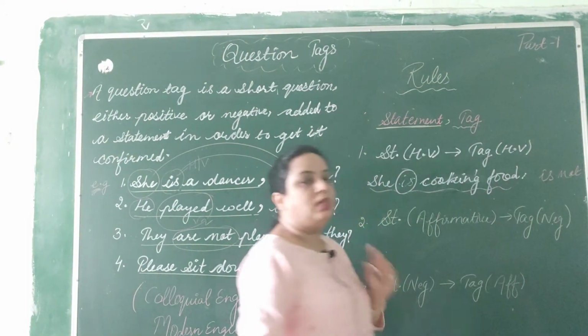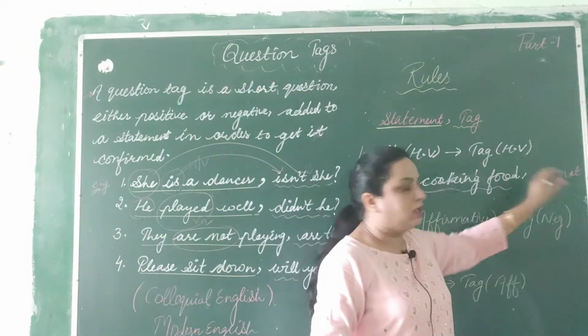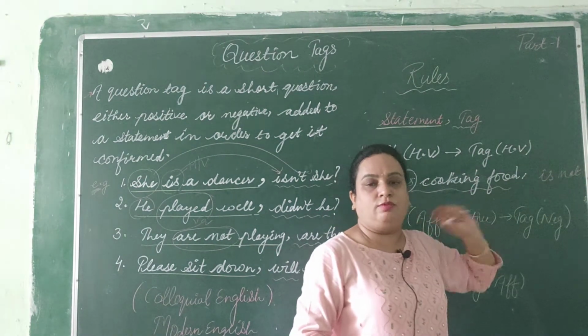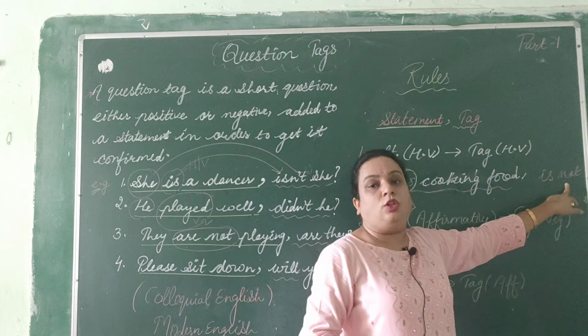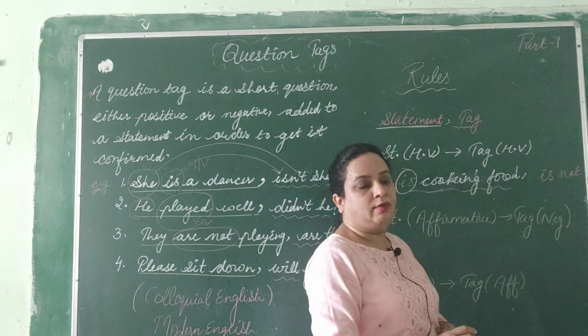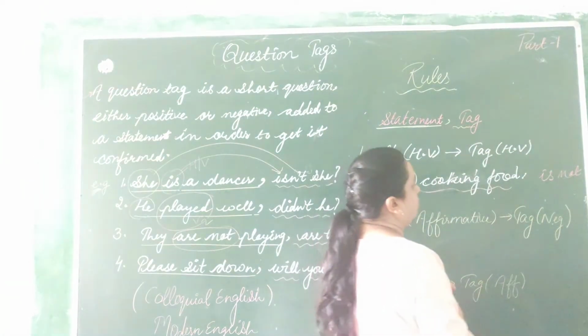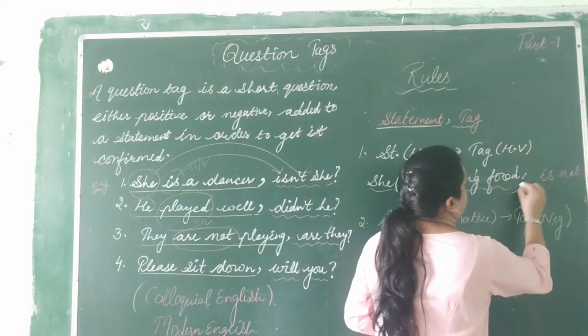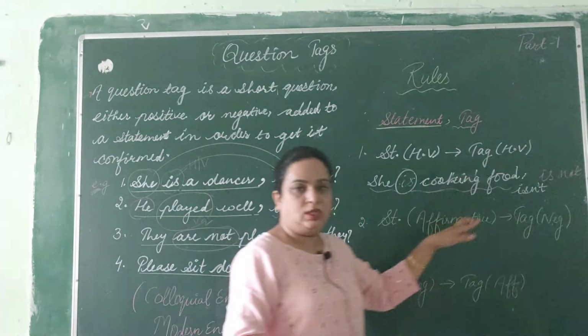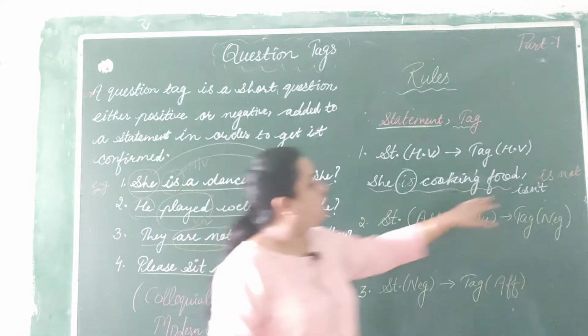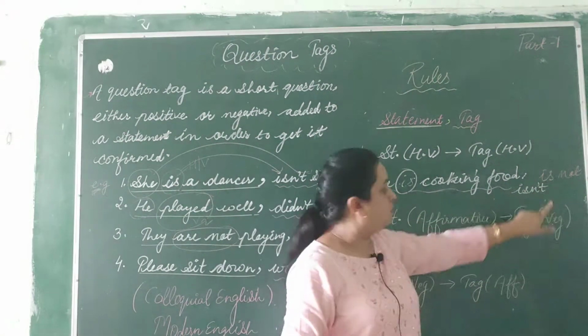But I have told you that the short form of is not you have to use, meaning when it is combined, the helping verb will combine with not. So what is the short form of is not here? That is isn't. I will give you the detail of all this, right? So is not becomes isn't, right?